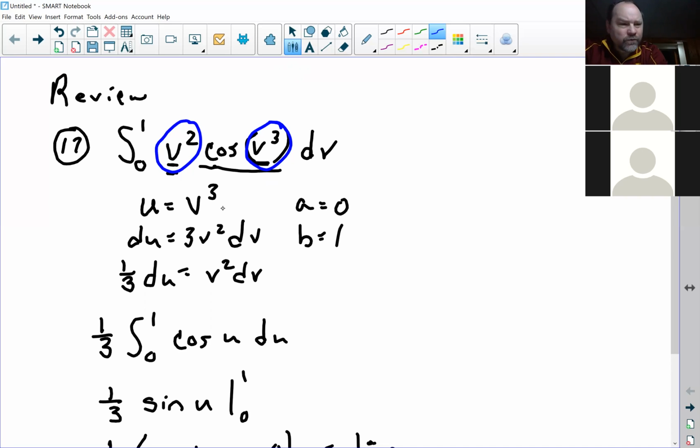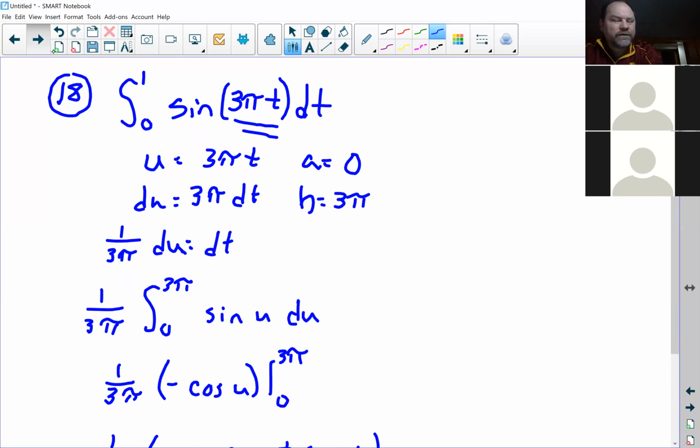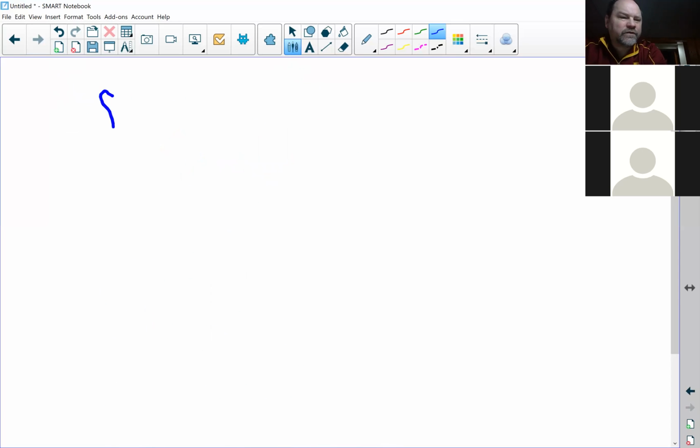I would use the other one if the two things that were being multiplied were not derivatives of each other. So for instance, if I had the integral of, I don't know, x squared e to the x. x squared is not the derivative of the power here of x.